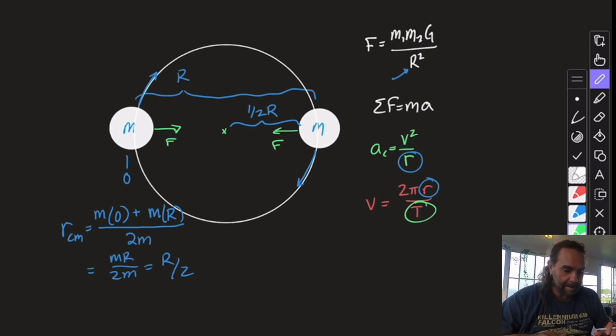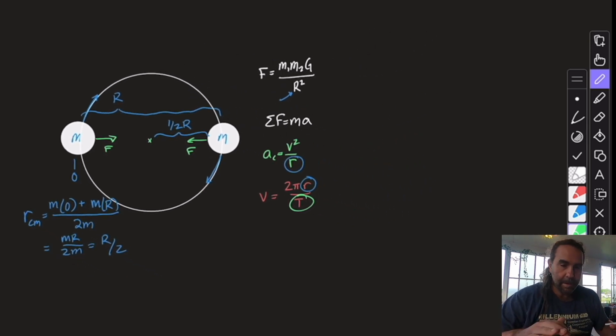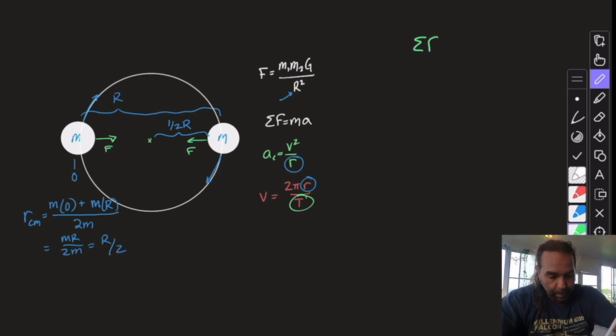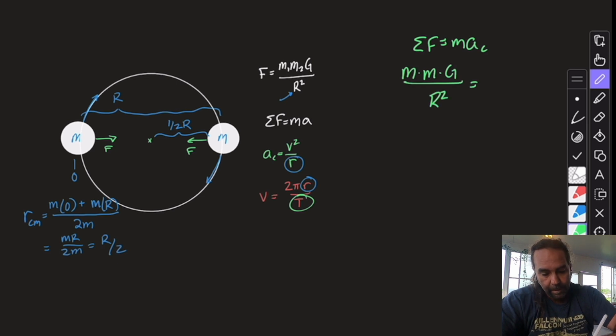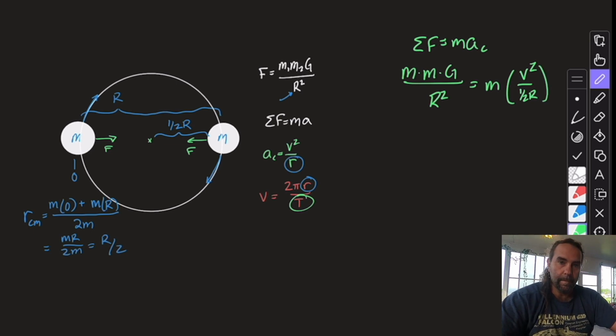So yeah, it's like massive substitution. Let's give it a try. Starting with net force equals m a_c, and that will be m times G m over r squared equals m v squared over 1/2 r. I'm just doing all the substitution.